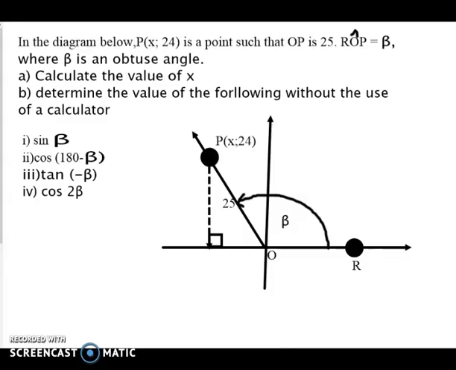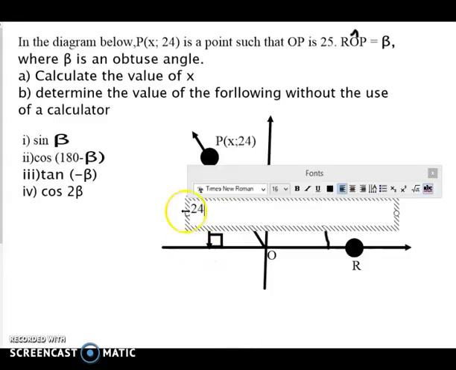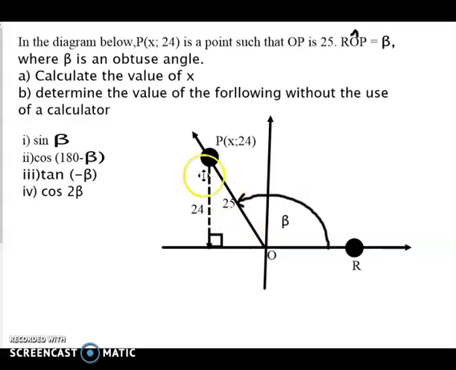The y value is 24. So the distance here is 24. That distance is 25. So the distance of x, I know my answer will be negative because it's in the second quadrant. X is negative, y is positive, r is positive.